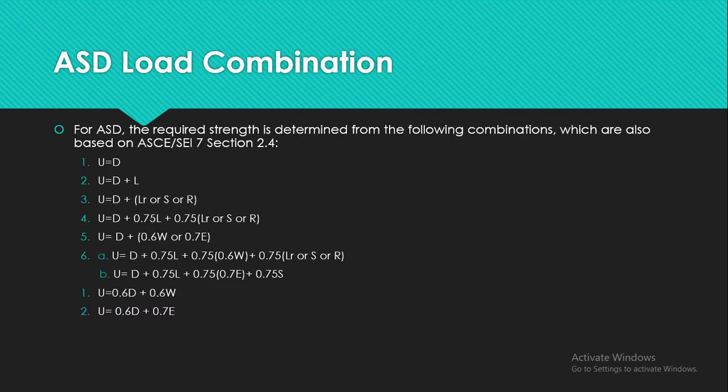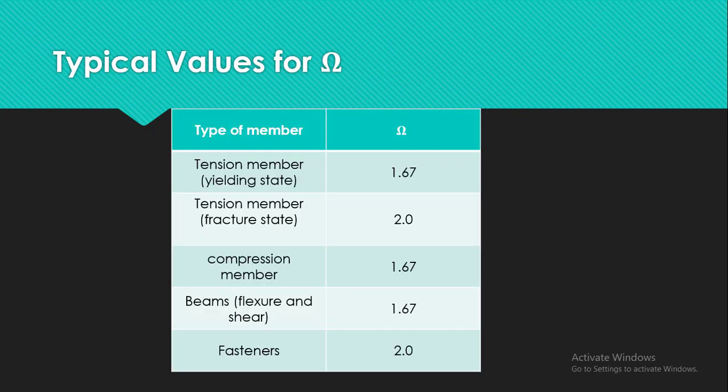And similar to the LRFD, the ASD also has load combinations from the AISC specification, also based on ASCE/SEI Committee 7, section 2.4. The load combinations are clear on the screen. Now we have typical values for omega for the tension member in the yielding state, for the fracture state, and so on and so forth.